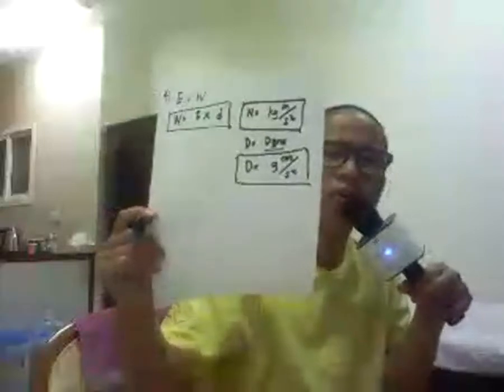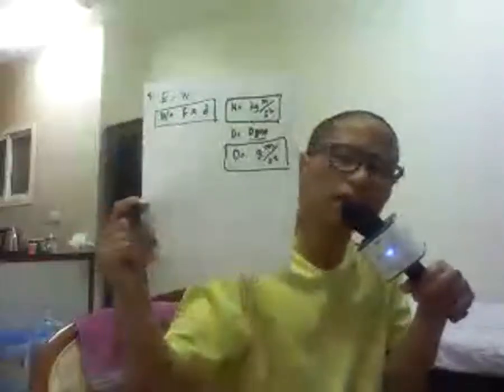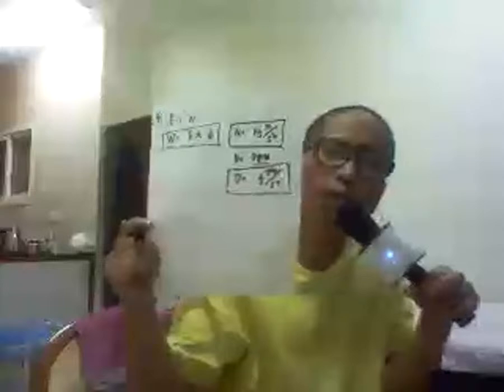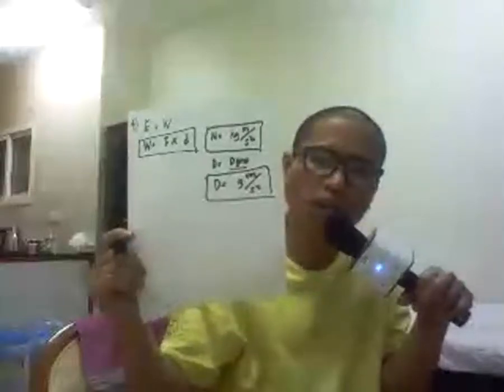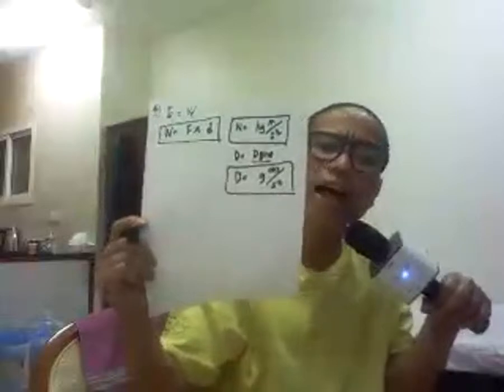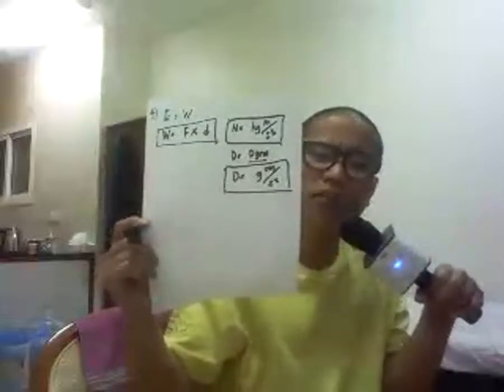And then the Newton is kilogram meter per second squared, which is most common. So memorize this dyne from now on. Dyne is another unit of force: gram centimeter per second squared.